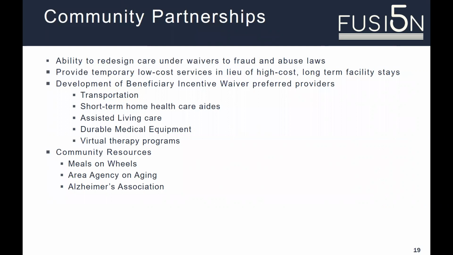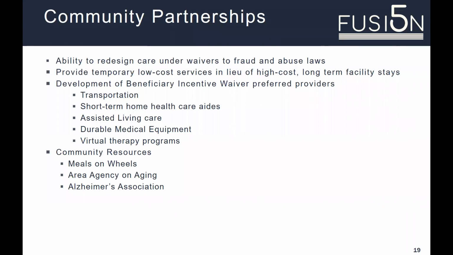The reason that has been done is because of the partnership that we created with a short-term home health care aide company. We were able to decrease that utilization another 10% or so roughly, just by partnering with them and getting them involved in some of those cases.